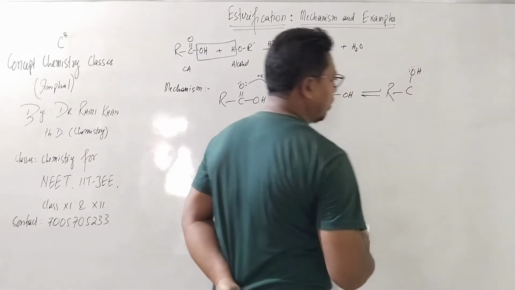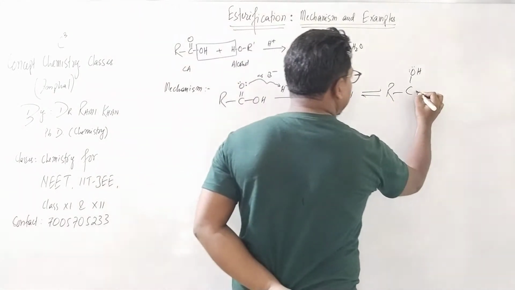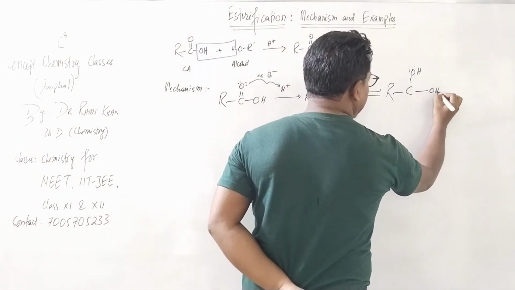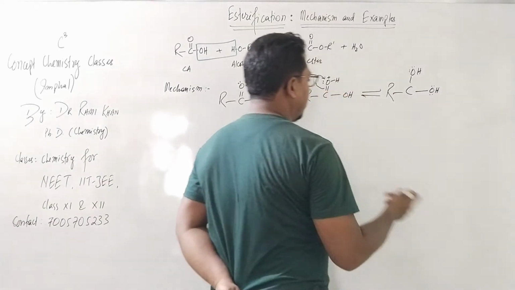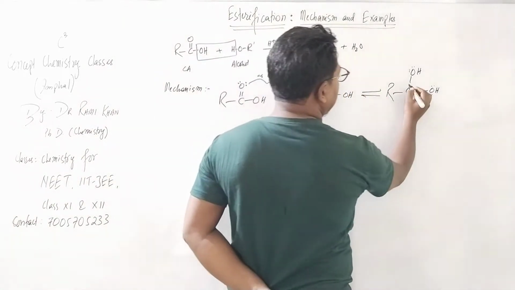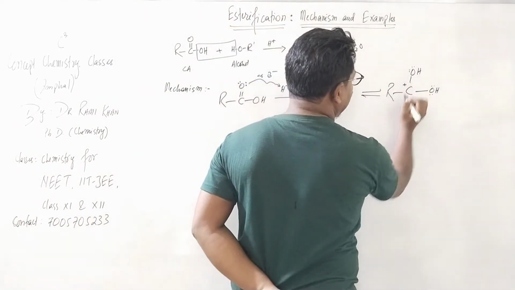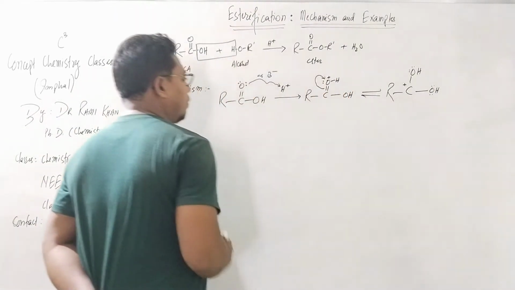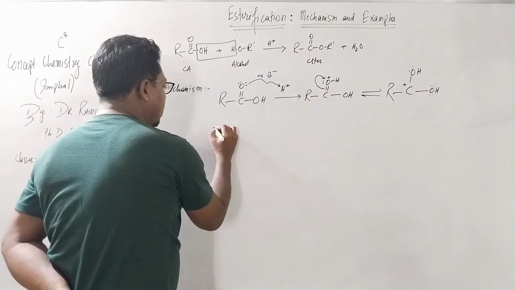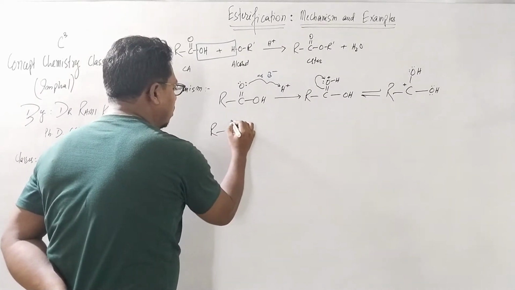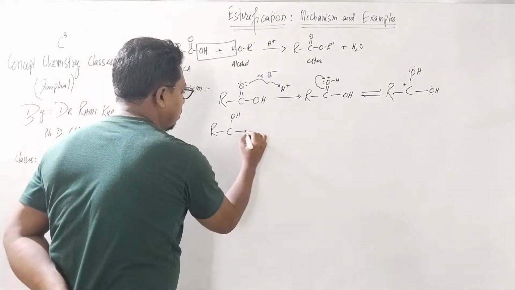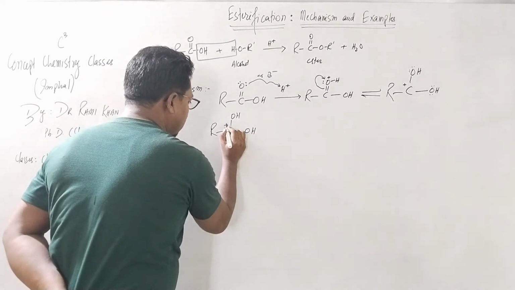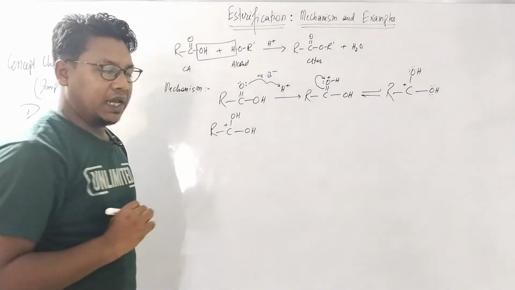This oxygen has two lone pairs of electrons now, and this carbon will carry a positive charge. Let me write that again here: R C OH, here it is again OH, and this carbon is a carbocation now.